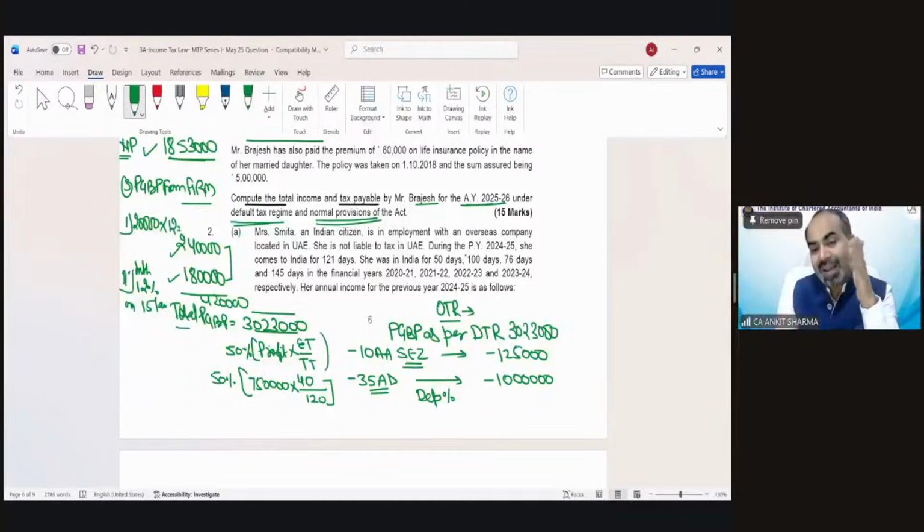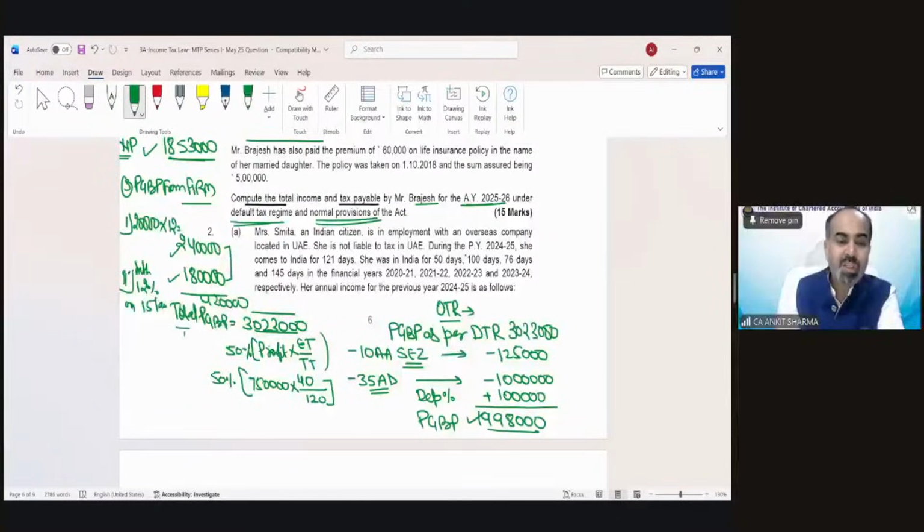Now we can claim 10 lakh and we have to add back the depreciation we have claimed under normal provision of the Act. So the aggregate or the PGBP as per optional tax regime would be now 19,98,000. So this is my PGBP income under optional tax regime. This would be my PGBP income under default tax regime.